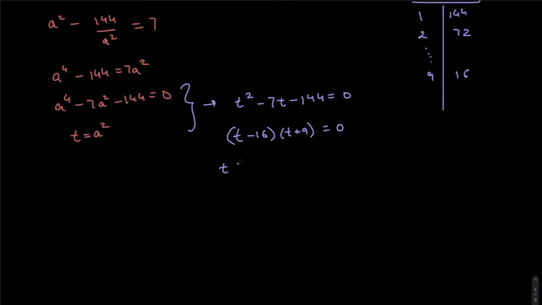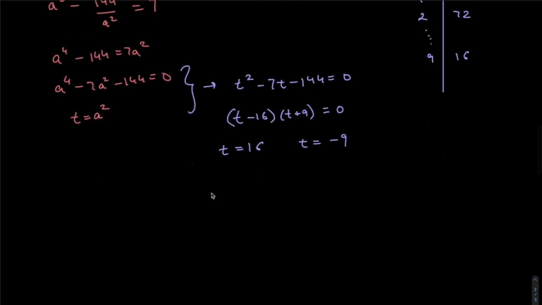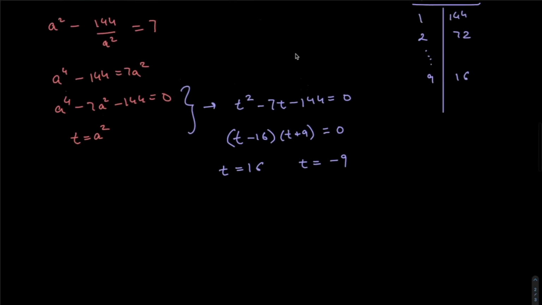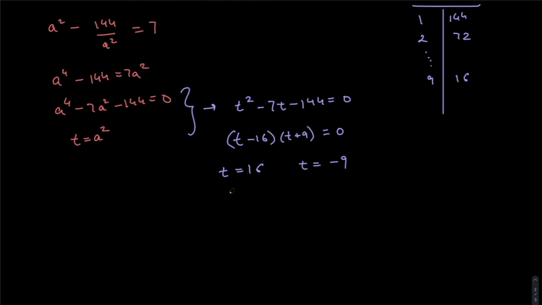So the values of t I'm going to get are t is equal to 16 and t is equal to minus 9. Now, we know that a squared was equal to t. So I'm going to change the color again, and I'm going to get a squared is equal to 16, and a squared is equal to minus 9.